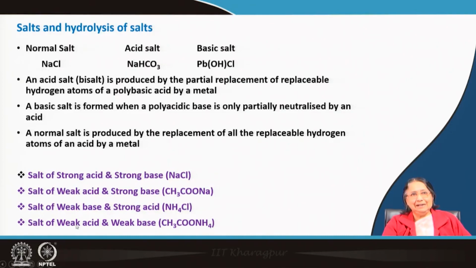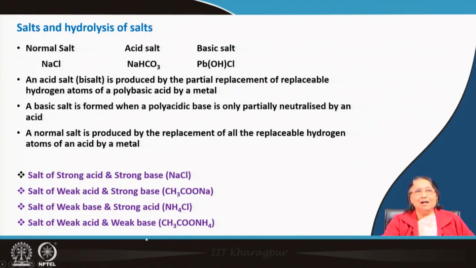And lastly, the salt which is produced from a weak acid and a weak base, that is acetic acid and ammonium hydroxide. We all know that ammonium hydroxide is a weak base because it does not dissociate fully, and acetic acid is a weak acid, it does not dissociate fully. So, ammonium acetate or ammonium formate are salts produced from a weak acid and a weak base.